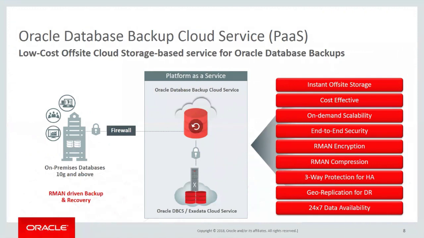It's virtually unlimited. It comes with encryption and compression, meaning you can use advanced compression, and you have to use encryption because it's mandatory when backing up to Oracle Cloud, even if you don't have the Advanced Compression option and the Advanced Security option on your databases, which are usually required to use encryption and advanced compression.